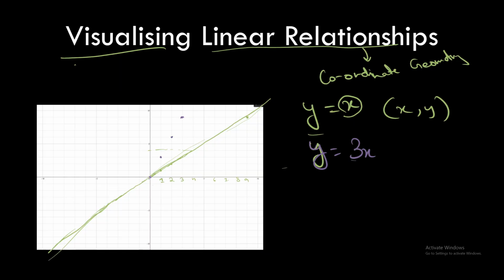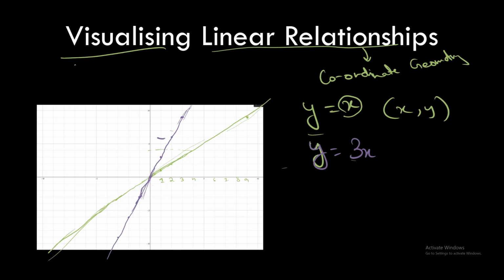Same for the negative values. If we put here x is equal to -1, then we will get -3. We can plot it here at -3, and then we can go on, and we can see that another line is formed.